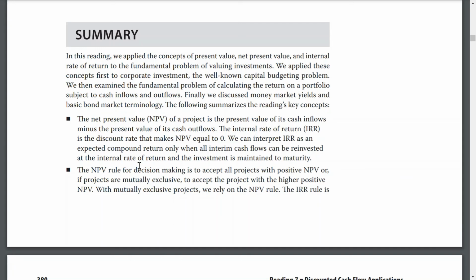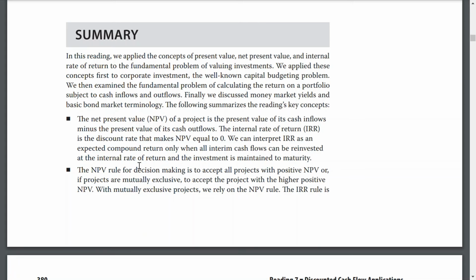The net present value, or the NPV, of a project is the present value of its cash inflows minus the present value of the cash outflows. The internal rate of return, the IRR, is the discount rate that makes NPV equal to 0. We can interpret IRR as expected compound return only when interim cash flows have been reinvested at the internal rate of return and the investment is maintained to maturity.